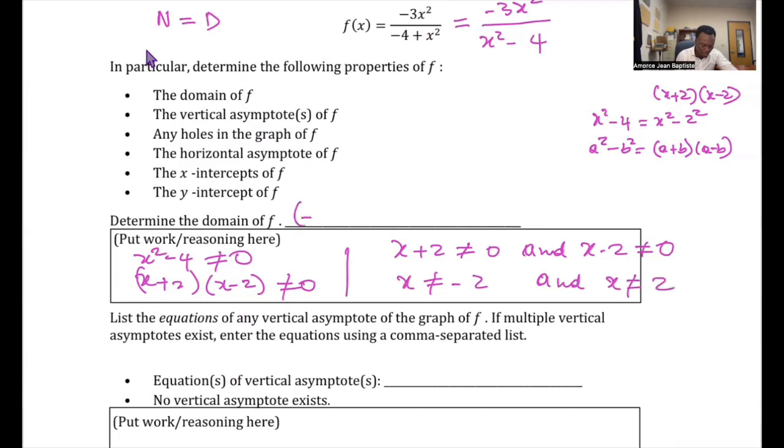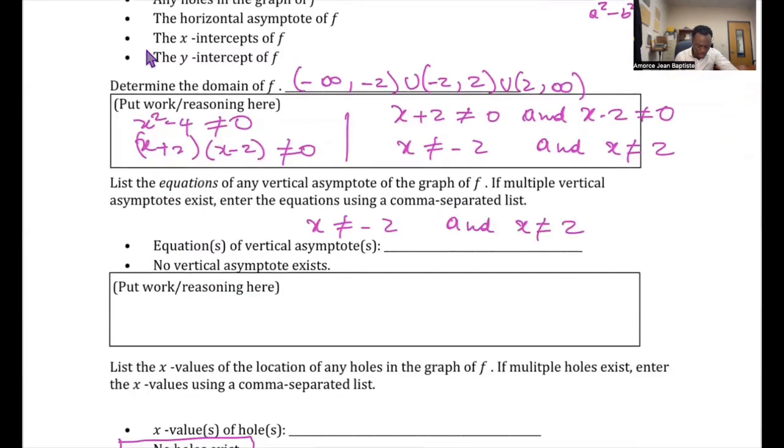Your domain will be from negative infinity to negative 2, not included, negative 2 to 2, we're not including any of them, union 2 to infinity. And those two values restricted from the domain constitute the equations of the vertical asymptotes. So that's x equals negative 2 and x equals positive 2.